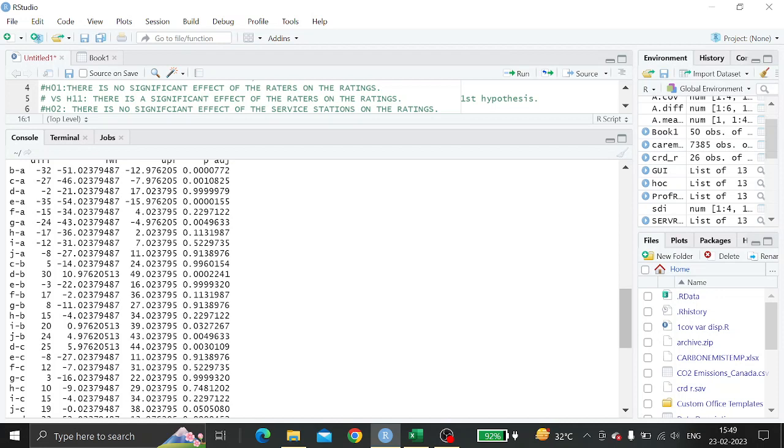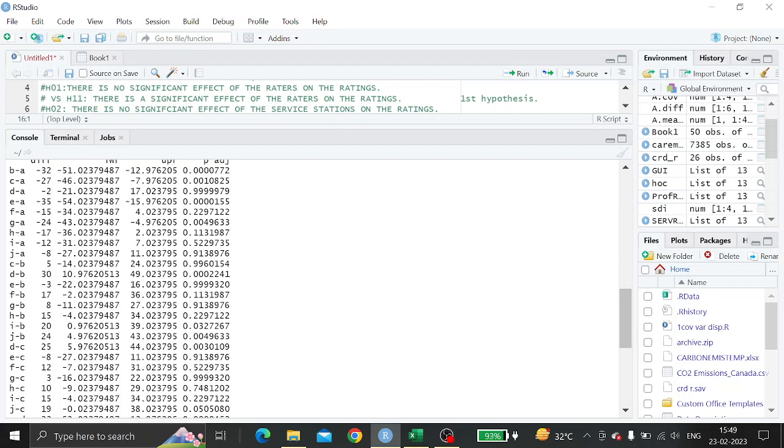Pair B and A, that is service station B and service station A, corresponding to them the p-value is much less than 0.05, so they have a significant difference between them. Similarly, between service station C and service station A, the p-value is again much less than 0.05, so yes, there is a significant difference between service stations C and A.